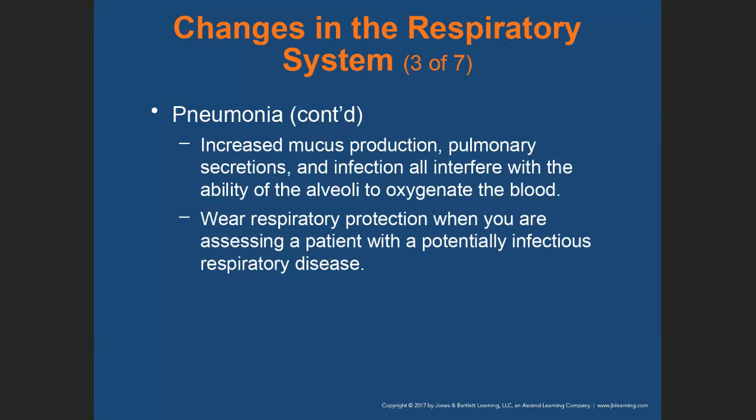There is increased mucus production. Pulmonary secretions and infection all interfere with the ability of the alveoli to oxygenate the blood. Use respiratory protection when you are assessing a patient with potentially infectious respiratory disease.